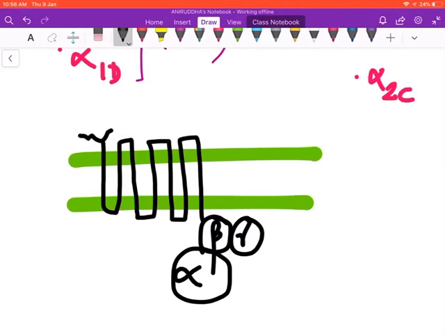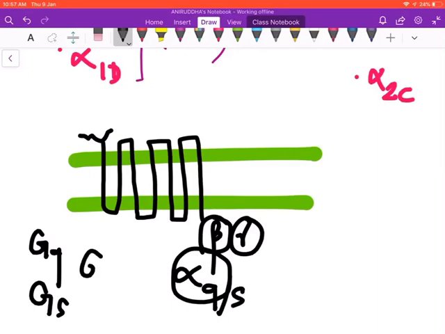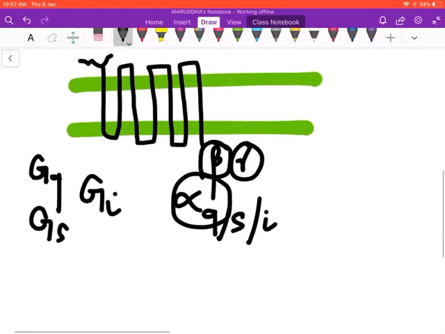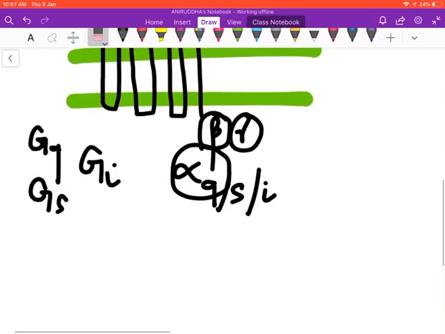If it is a Gq type, then this alpha will be alpha q. If it is Gs type, this alpha subunit will be alpha s, and if it is Gi type, it will be alpha i. I'll discuss briefly these G protein coupled receptors, because they are asked in your general pharmacology portion as well.